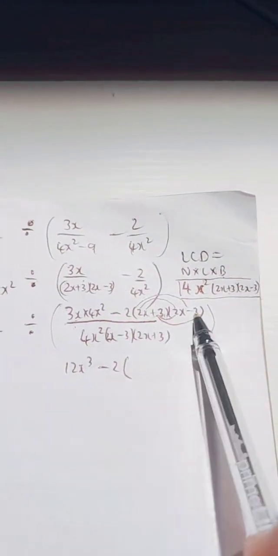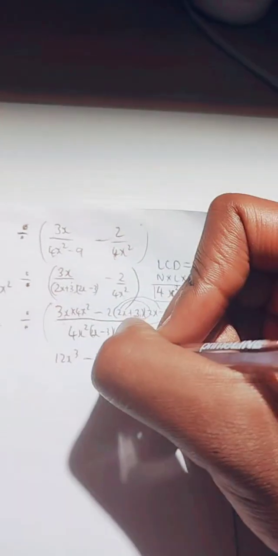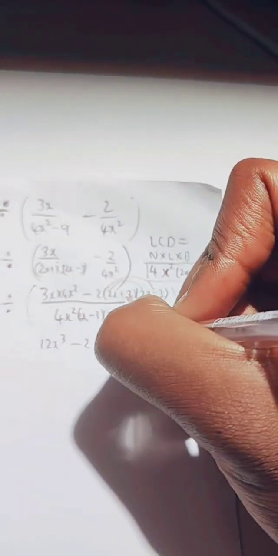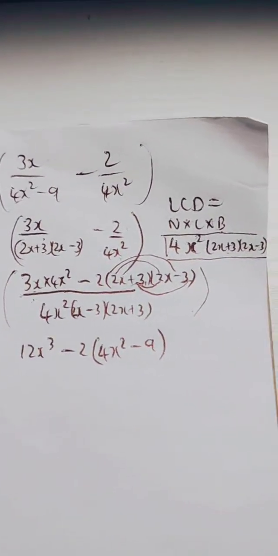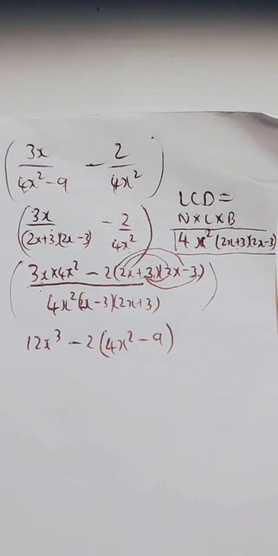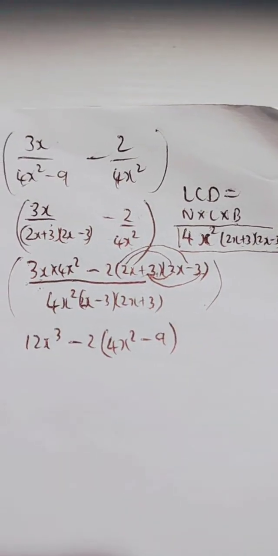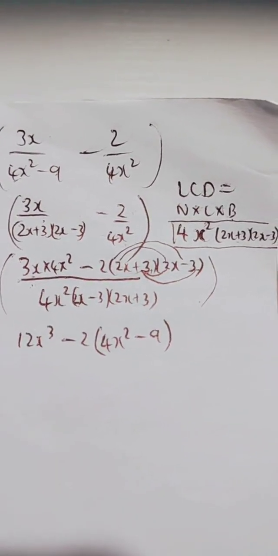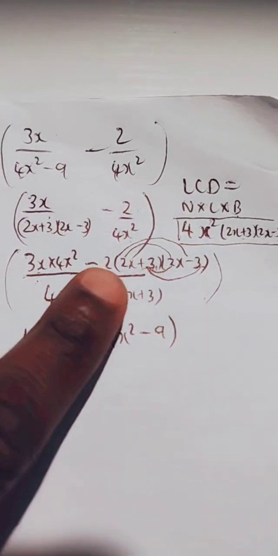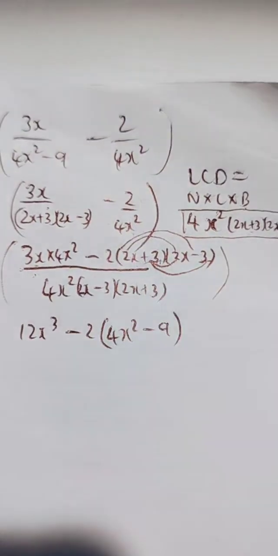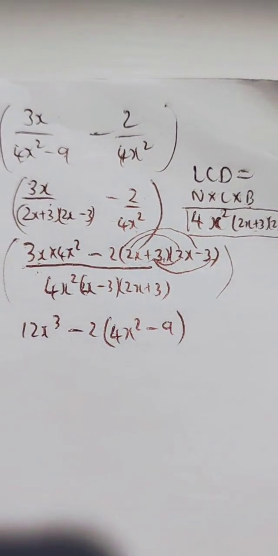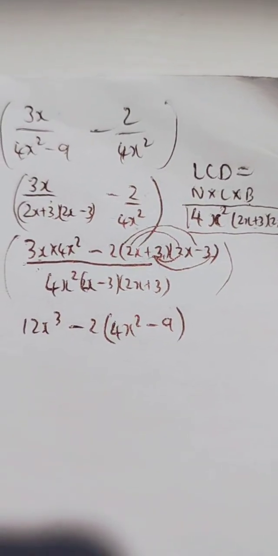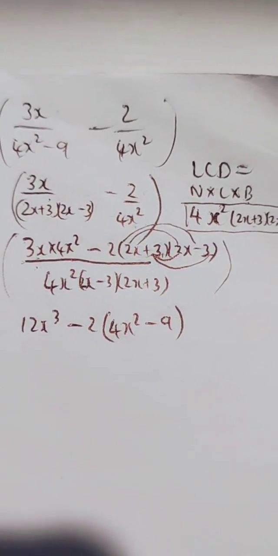I'm sure, guys, if you multiply this out, you know that you are going to go back to 4x squared minus 9, because that is the reverse of difference of two squares. So 2x plus 3 into another 2x minus 3 will give you 4x squared minus 9. Okay, I hope you understand.